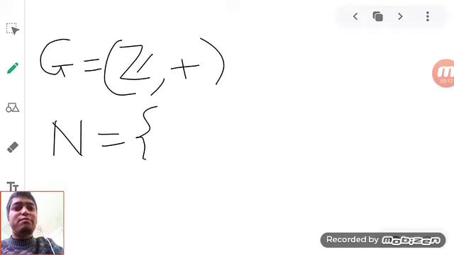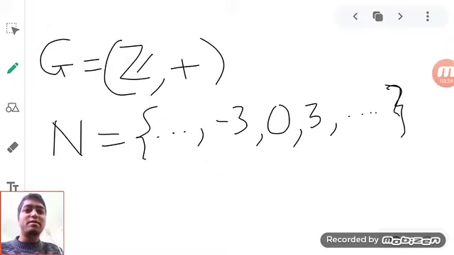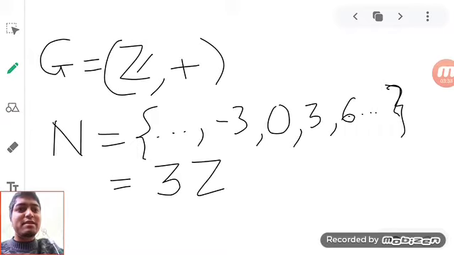We have seen that this one is a subgroup of G: minus 3, 0, all multiples of 3. If you refer to the previous content, you will see that if you include all multiples of 3, this one will be a subgroup. In fact, because it is multiples of 3, you can write it as 3Z. It contains all multiples of 3.